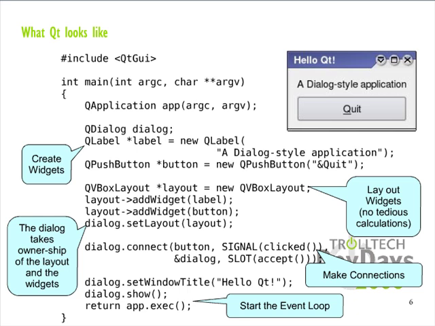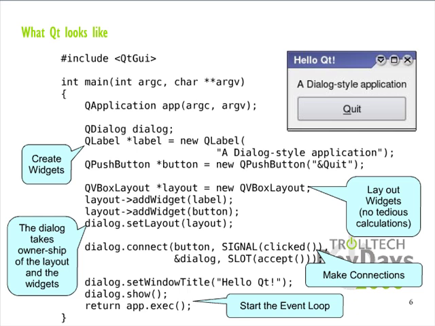And this is a model of how Qt applications work in microcosm. We create a Qt application object, which is a global-like object that gives you access to things like how big is the desktop this computer is running on, how big is the screen, and various other global-like information from the system you'd like to have access to. We then create a dialog, which gives us the main window itself, and we create a label and a button.